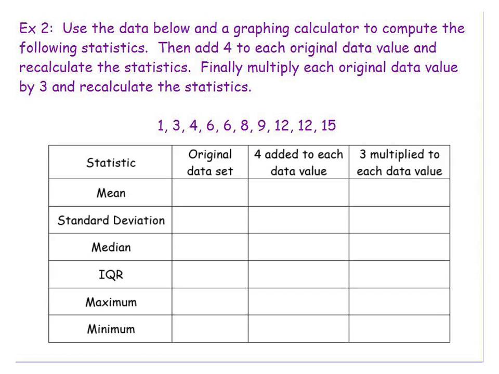Now we're going to use the data below and a graphing calculator to compute the following statistics. Then we're going to add 4 to each of the original data values and recalculate the statistics. Finally, we're going to multiply each of the original data values by 3 and recalculate the statistics again.